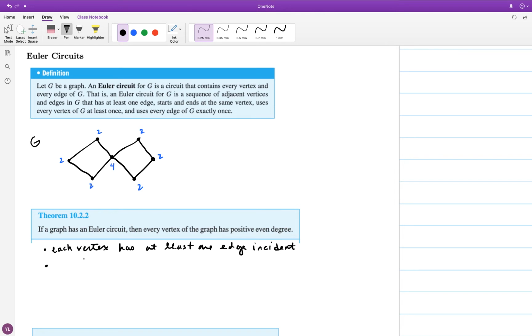And remember, since we're talking about an Euler circuit, edges aren't repeated. So the entrances and the exits are distinct, and there are exactly as many entrances as exits. And that includes the initial vertex that you start at. You leave, you may revisit that vertex several times, and then you finally enter that vertex one last time in the end.